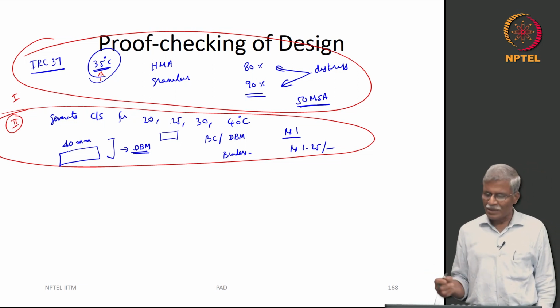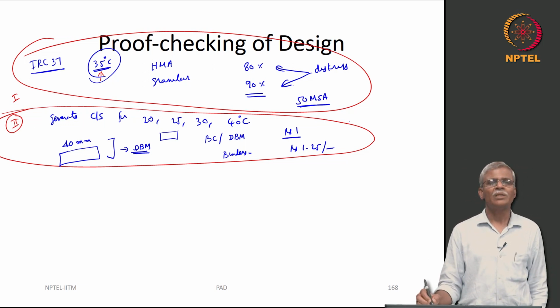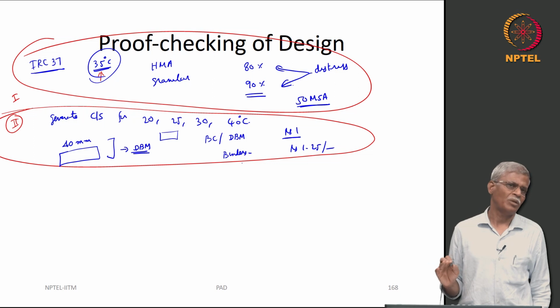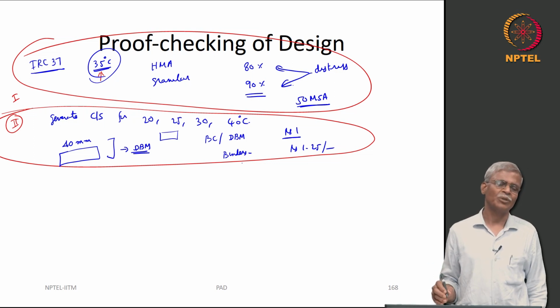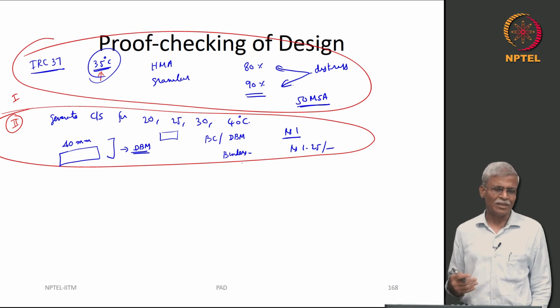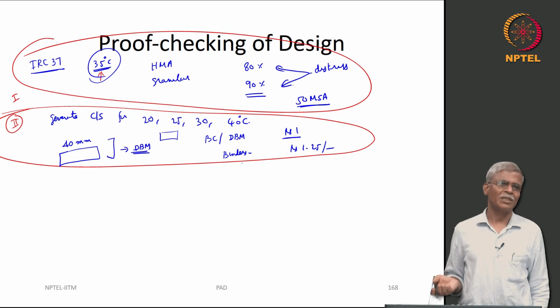Now, another thing that you will notice is that for bituminous mixtures BC and DBM, the same modulus values are given. They will not have the same modulus value. For bituminous concrete and dense bituminous macadam, the resilient modulus or dynamic modulus that you want to really use will be completely different. So, there are published literature related to this. In fact, I have a couple of papers related to measurement of resilient modulus of bituminous mixtures following the IRC procedures.